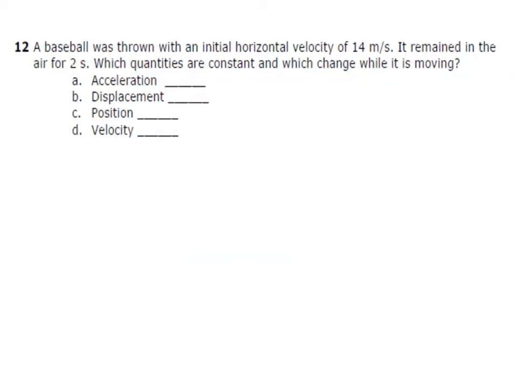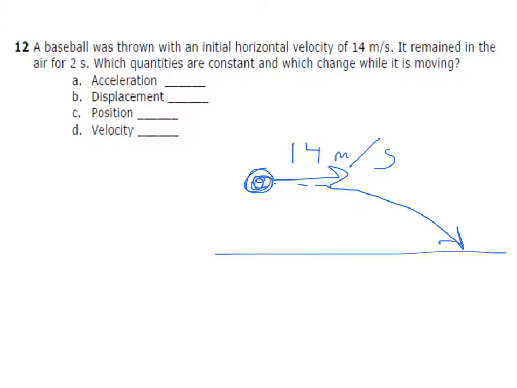Number 12, a baseball was thrown with an initial horizontal velocity of 14 meters per second. It remained in the air for 2 seconds. Which quantities are constant and which change while it's moving? Well, the ball was thrown in this direction with a horizontal velocity of 14 meters per second. This is the ball. So what actually happened to the ball? The ball took a parabolic path like that and eventually hit the ground. So what's changing? Is acceleration changing?